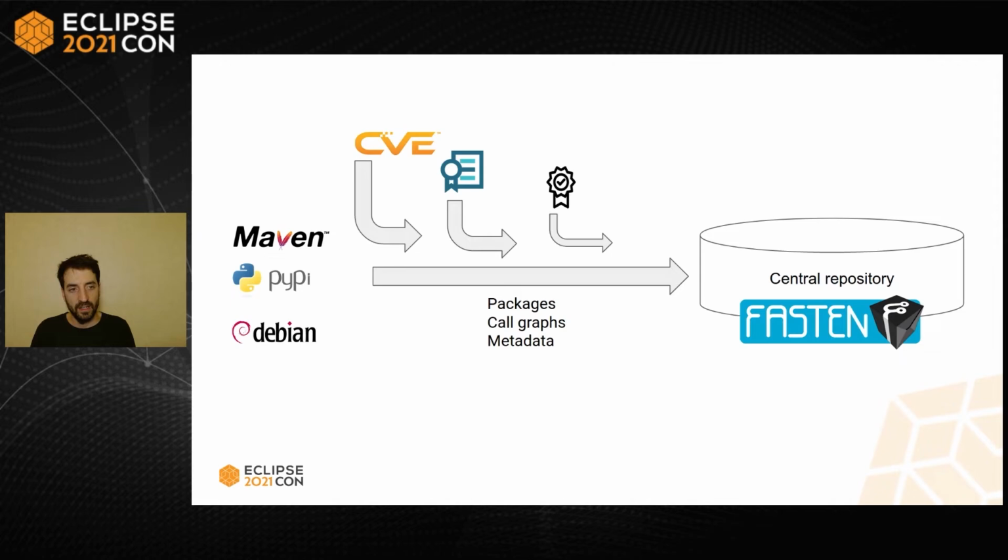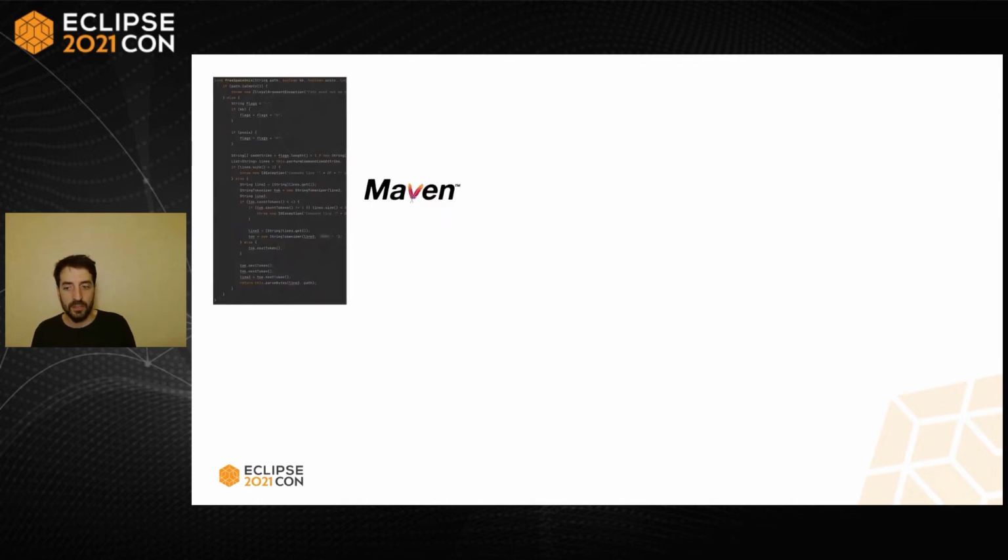So this way, when Fasten processes your project, it will not need to generate a call graph and gather information about each individual dependency, because they are likely to be already there in the central Fasten repository. If we take a closer look at how it works when Fasten is executed, it will go something like that.